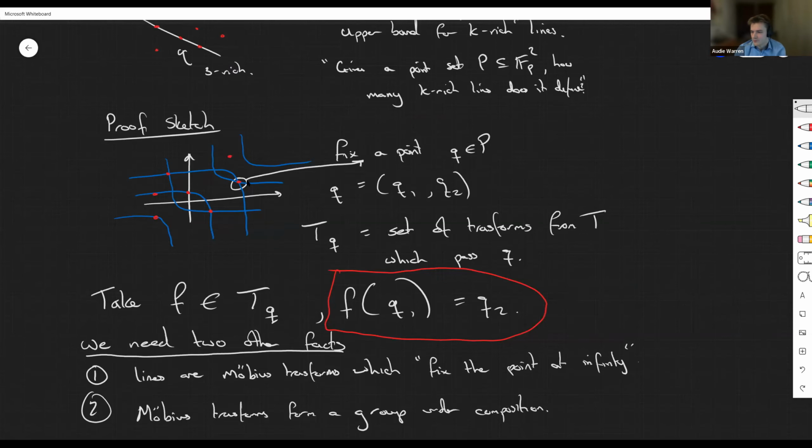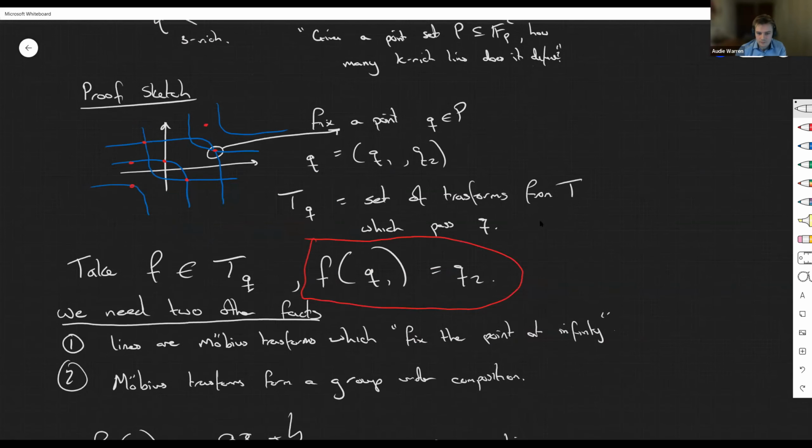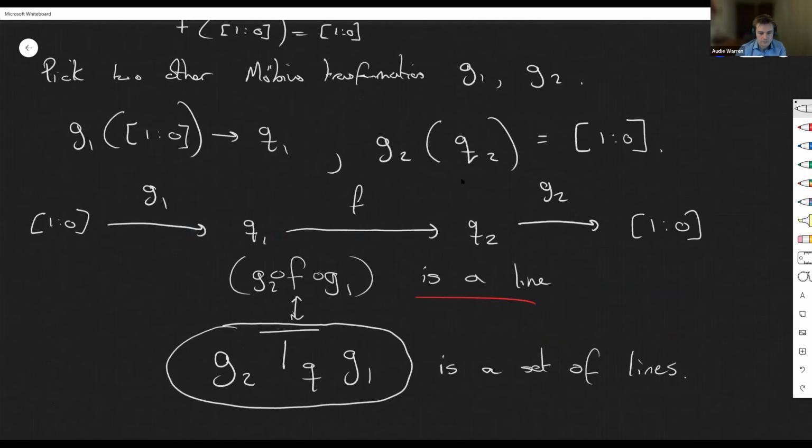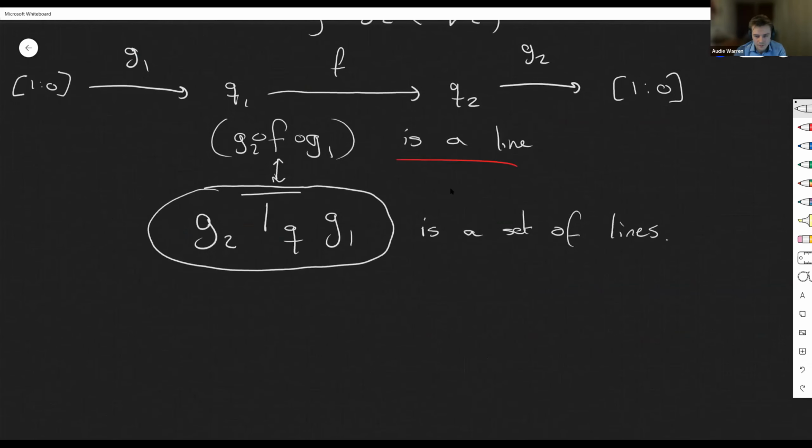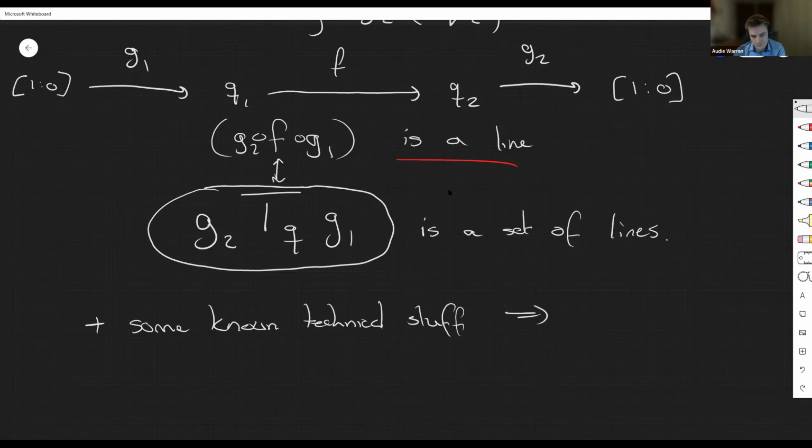We have to sort of bound the K-rich transforms in the entire set by looking locally. So if I just write down here, plus some known technical stuff. Implies that we are actually done.